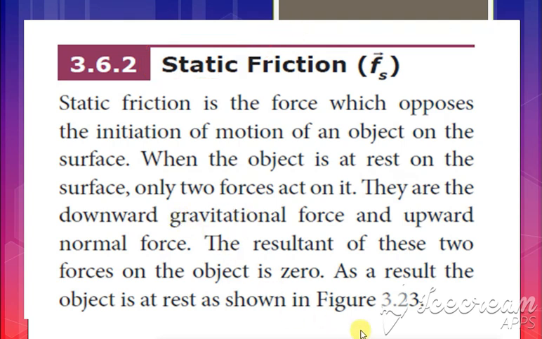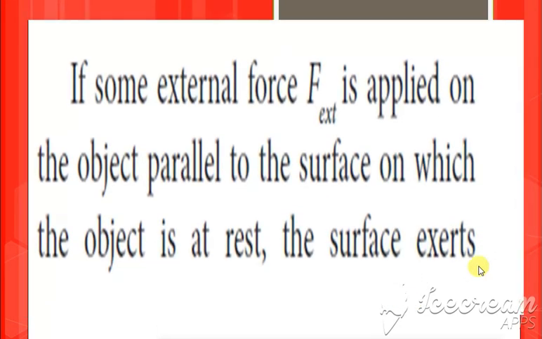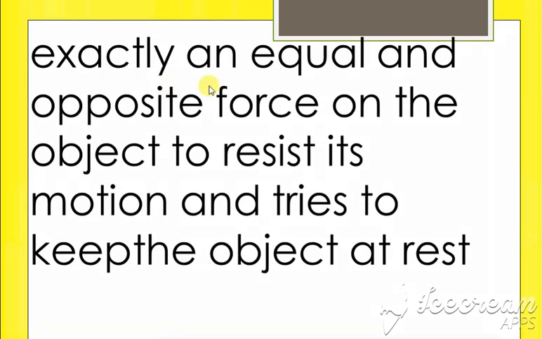One is the gravitational force and the other one is the normal force, is it not? So if the external force is applied parallel to the surface on which the object is at rest and the surface exerts exactly an equal and opposite force on the object to resist its motion and tries to keep the object at rest.